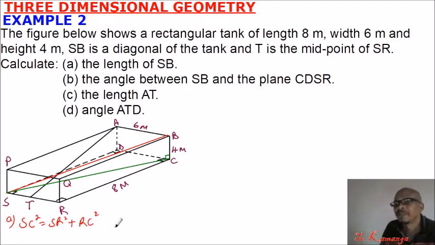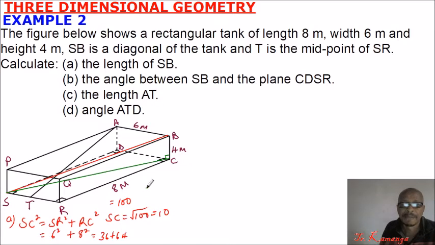Now we already know our SR. SR is the width, so it is 6 squared, plus our RC is 8 meters, that is squared. So this is equal to 6 squared is 36 plus 64, which gives 100. So SC is equal to the square root of 100, which is 10. This means that SC is 10.